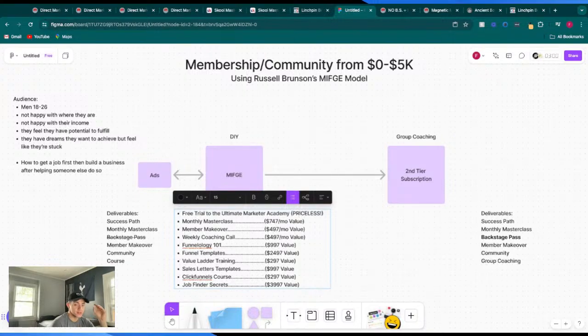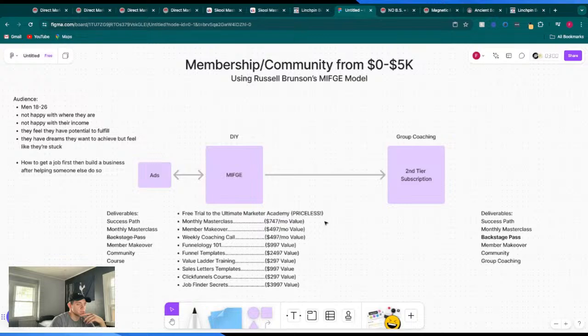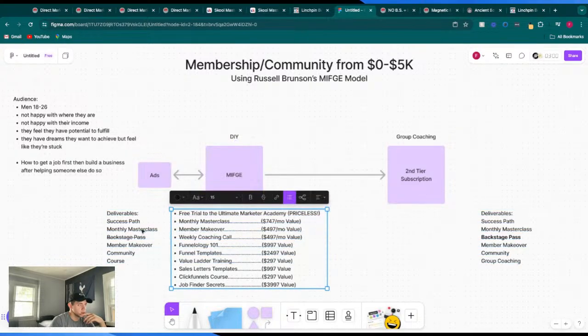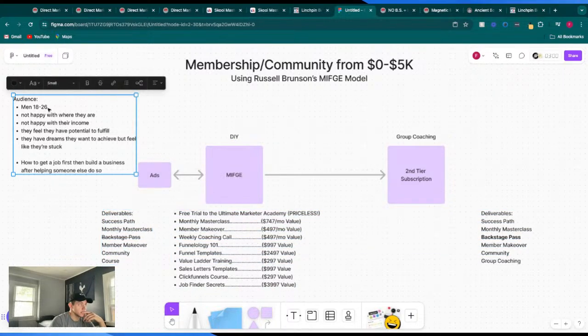And the member makeover could be for the job side of it. Okay, let's leave that for now because I think we've essentially got everything they need to find their first job, because basically building funnels for people.